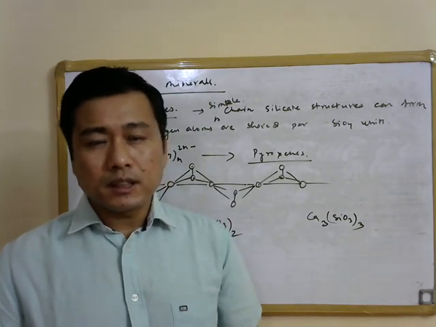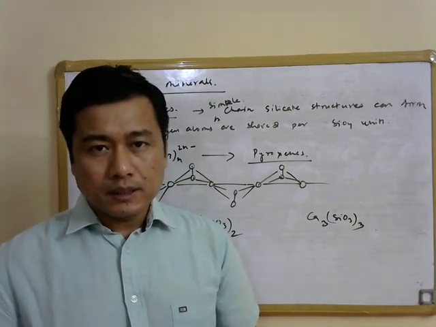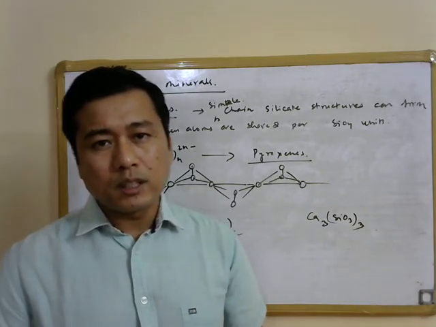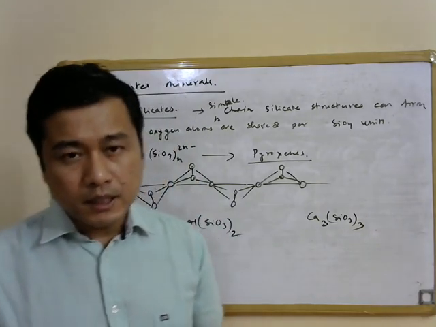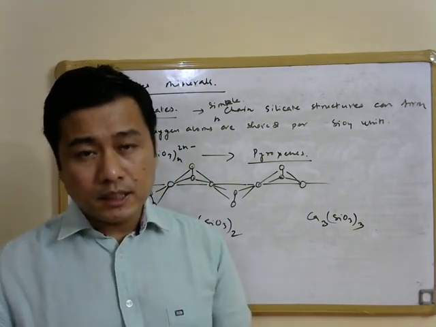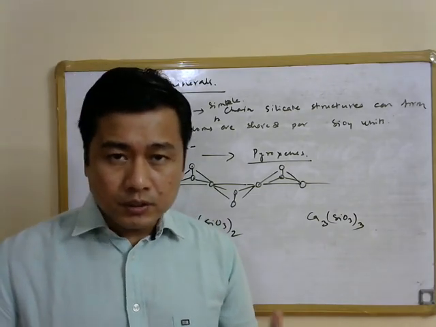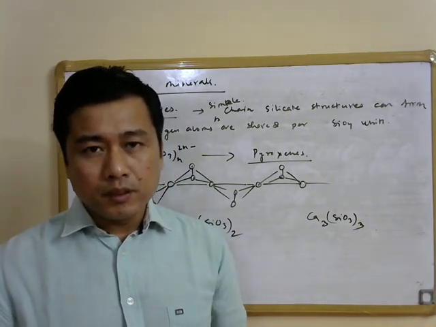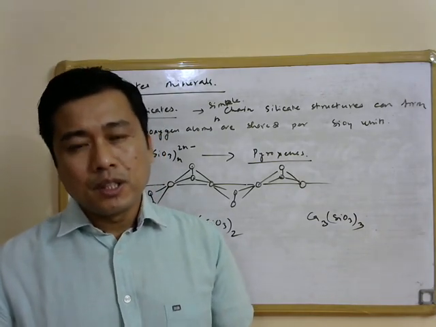After that, we discussed another type of silicate structure, which is formed by sharing of two oxygen atoms per SiO4 tetrahedral unit, and these are known as chain silicates, which have the same empirical formula as the cyclic silicates, and we have given two examples of such chain silicates.